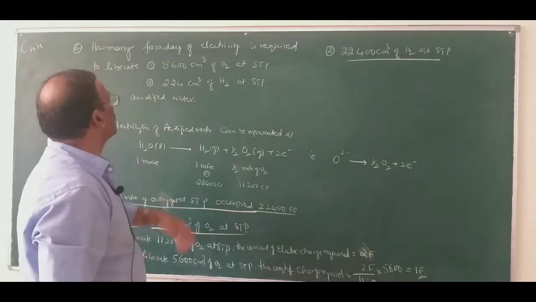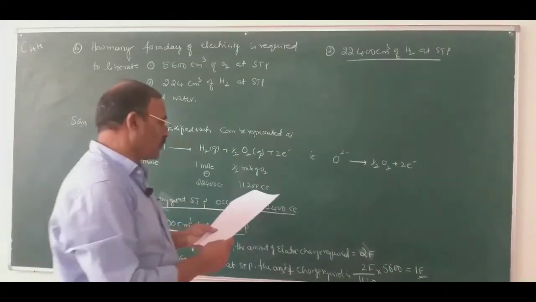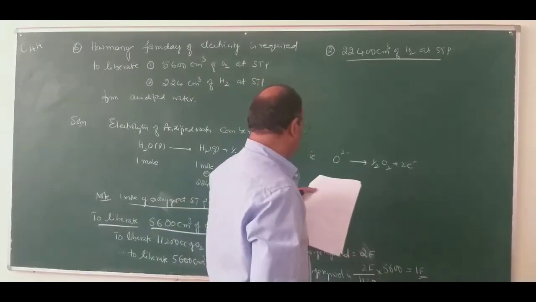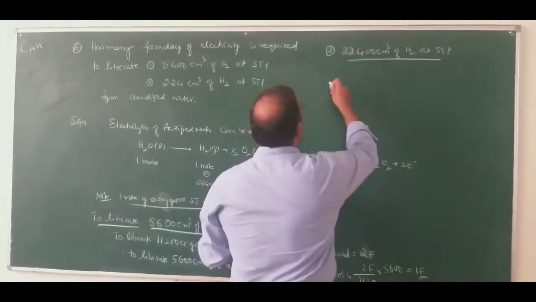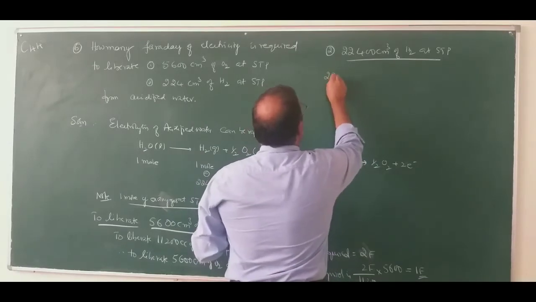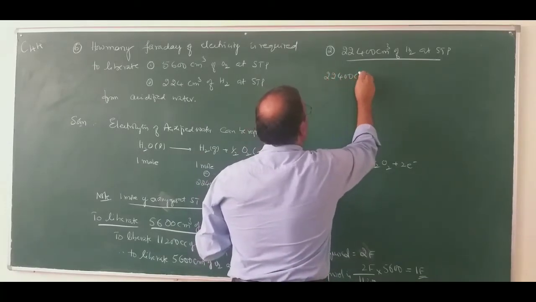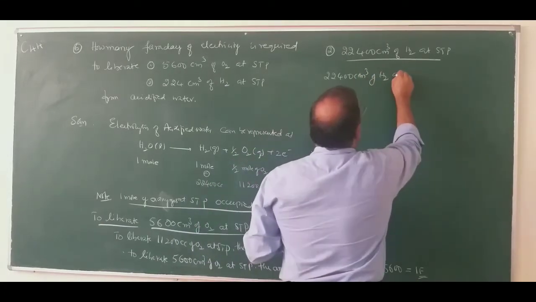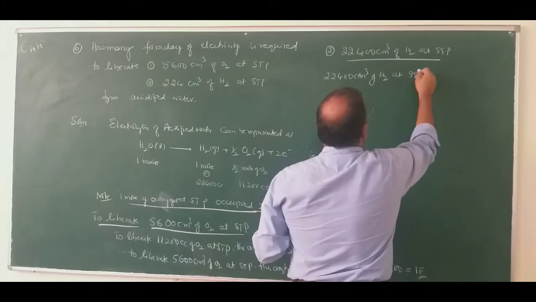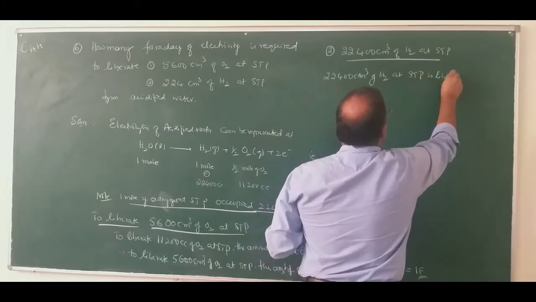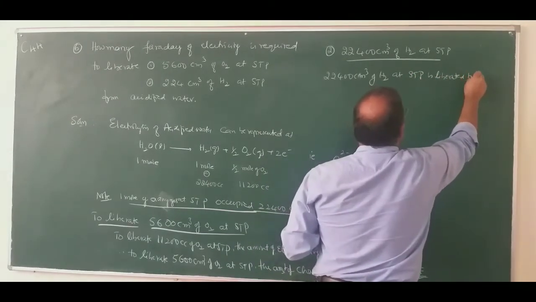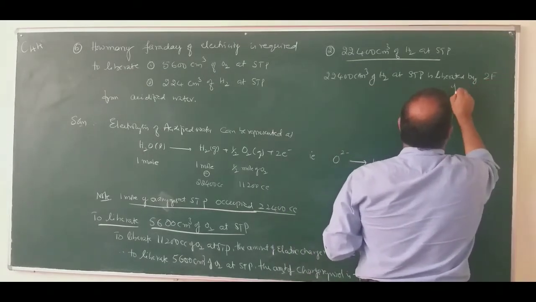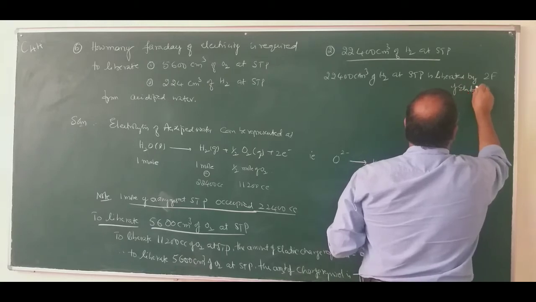Therefore, to liberate 224 cm cube, we have to calculate: 22,400 cm cube of hydrogen at STP is liberated by 2 Faraday of electricity.